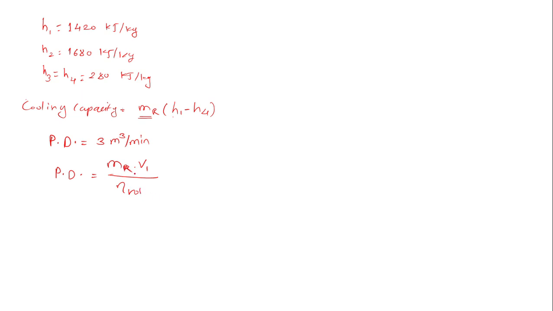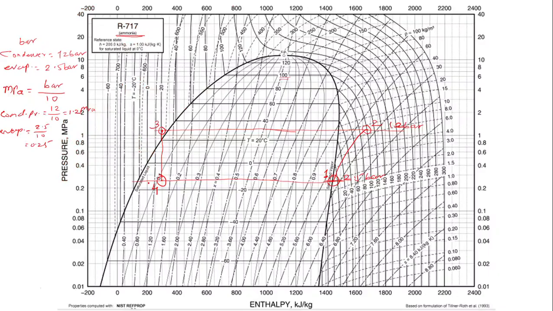Here V1 is the specific volume, mr is the mass flow rate of refrigerant, and this is the volumetric efficiency. This value of specific volume V1, we can get from the chart with respect to point number 1, which is the inlet of the compressor. Now we can see that here specific volume lines are not directly given, but they have given the density.